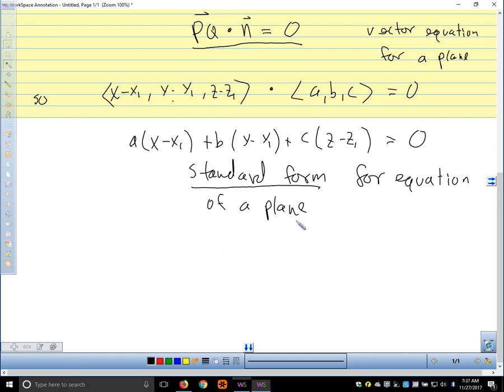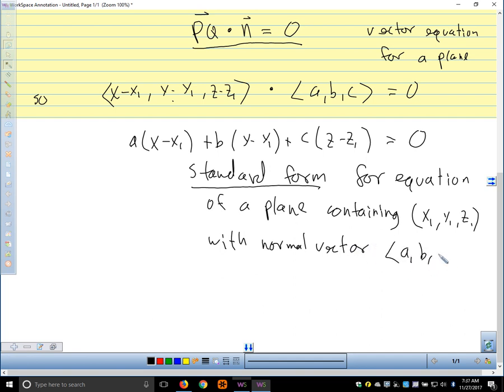And it contains the point x1, y1, z1 with normal vector ABC.